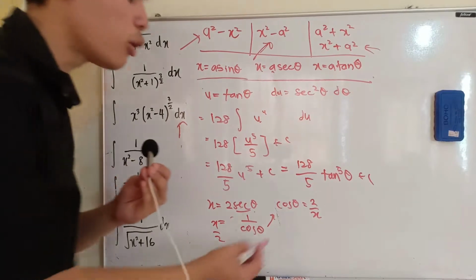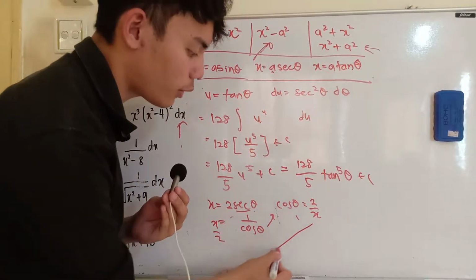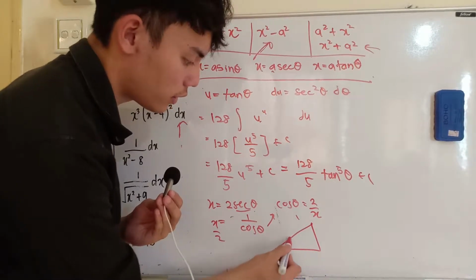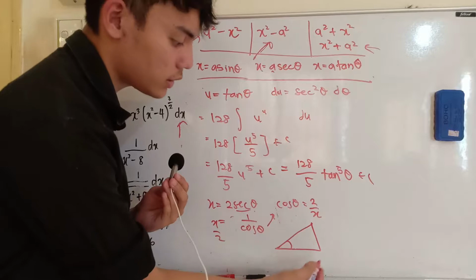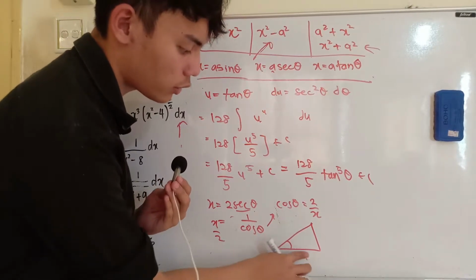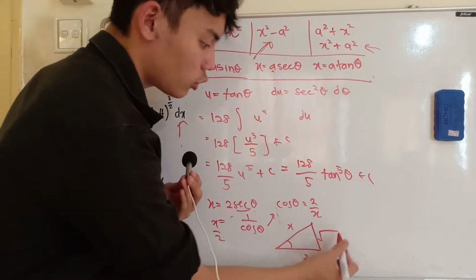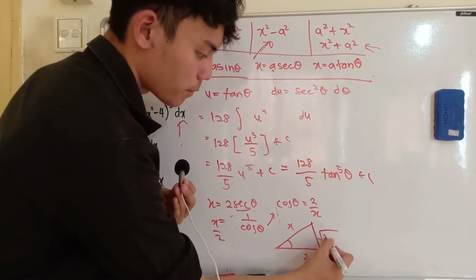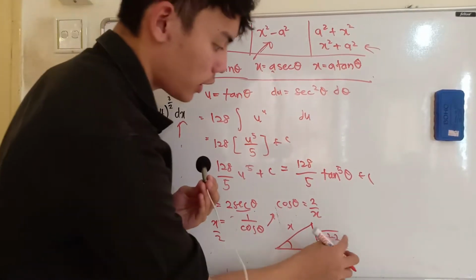Now I don't want cos, I want tangent, so I'm going to do a triangle. Cos is actually adjacent over hypotenuse, so my adjacent is going to be 2, my hypotenuse is going to be x, so my opposite is going to be square root of x square minus 2 square, which is 4.